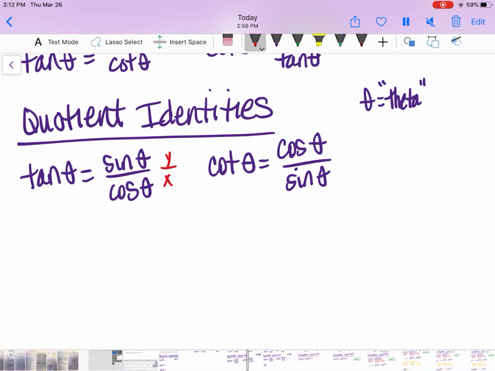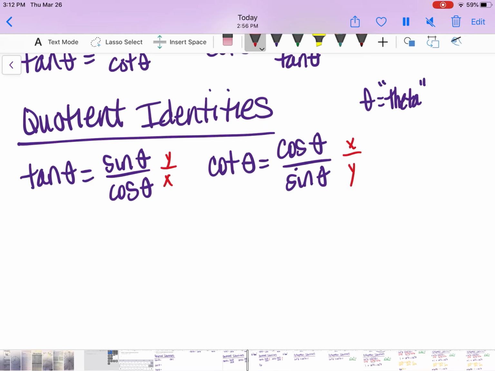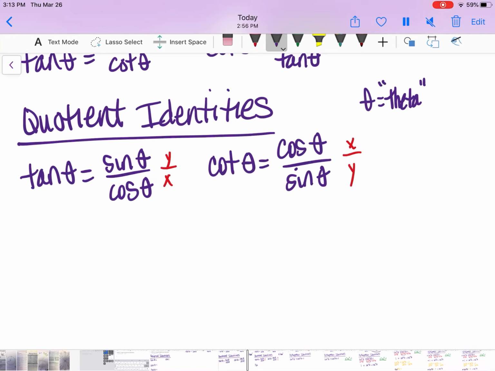So we learned tangent is y over x, so it makes sense for it to be sine over cosine. We also know that tangent and cotangent are reciprocals, so cotangent's x over y. Well, isn't cosine x and sine y? Okay, so that's where that's coming from.